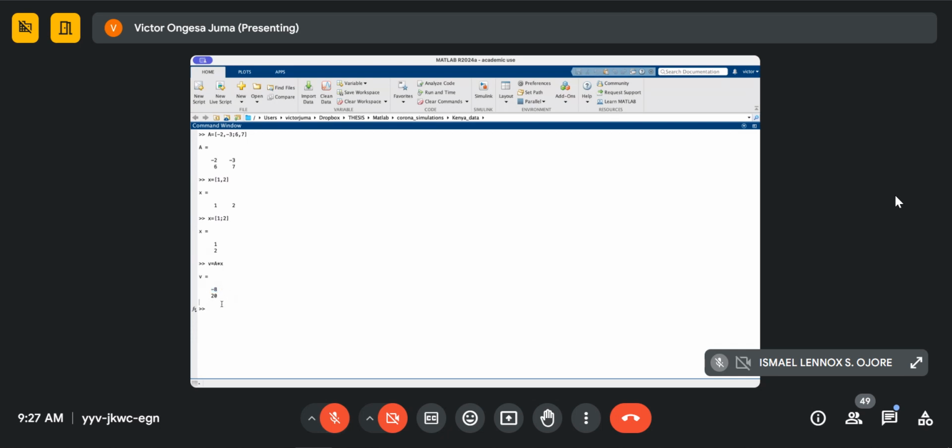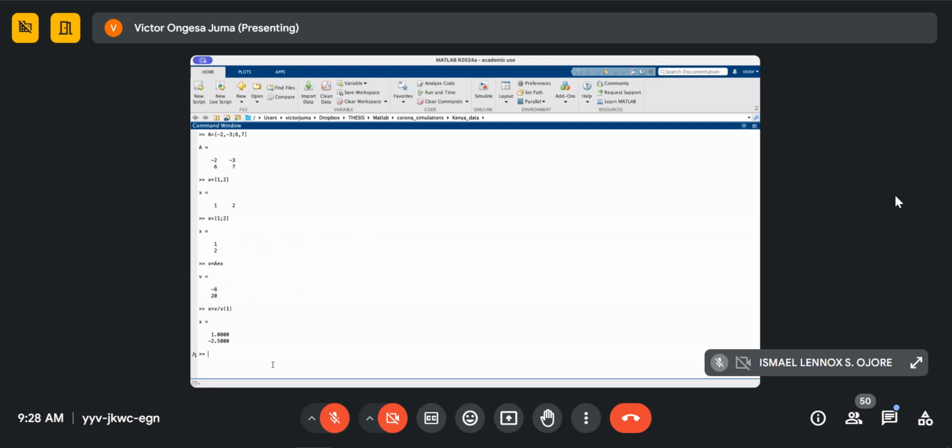So the approximate eigenvalue is this quantity -8, and then I divide by it. So x is V divided by V(1). I'm displaying this so that you see them. Then I get 1 and then -2.5. So that's our new x.